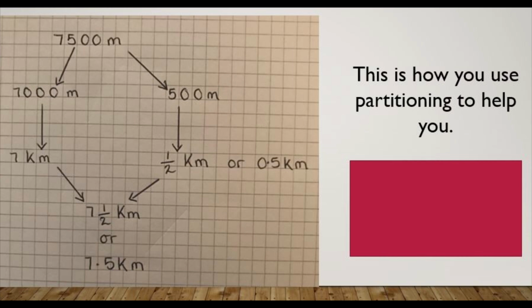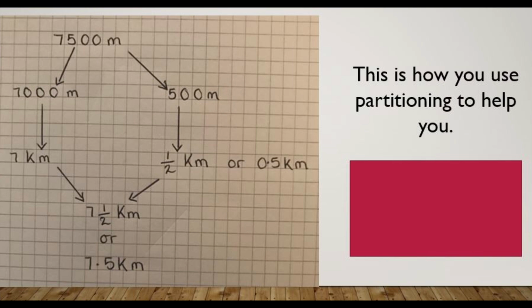Now I know, because I know that 1,000 metres is a kilometre, and 2,000 metres is 2 kilometres, and 3,000 metres is 3 kilometres, and 4,000 metres is 4 kilometres. If I keep going, I know that 7,000 metres is 7 kilometres. So that's that side sorted.